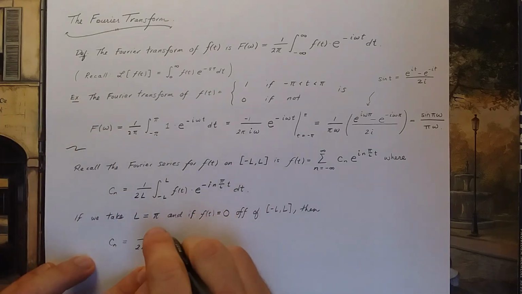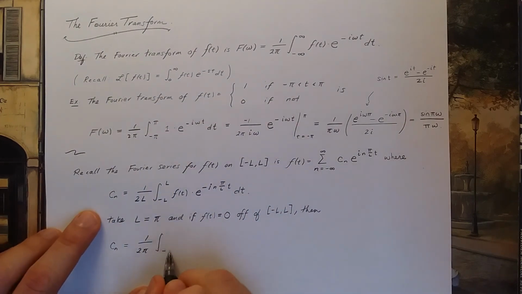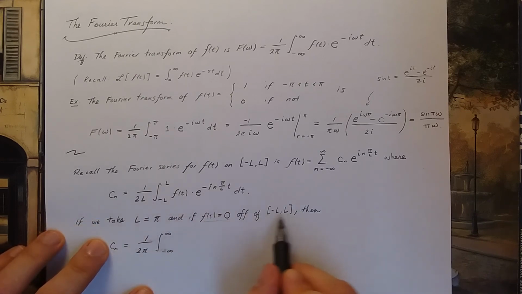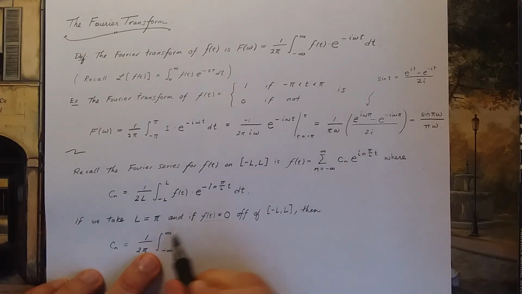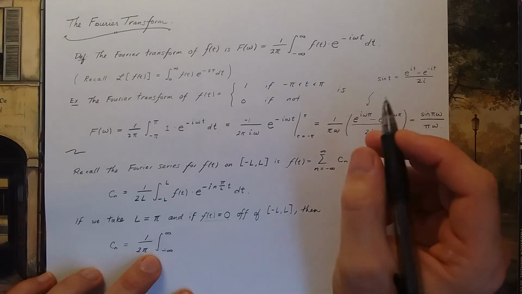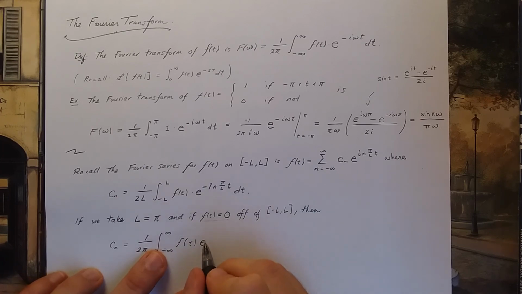I could write it as negative pi to pi, but you know what? I think I want to write it as negative infinity to infinity, because we're assuming that our function is 0 if you're not on the interval from negative pi to pi. So this could be negative pi to pi like our previous example, or I could just write negative infinity to infinity to make it match more exactly what the Fourier transform is, times the function f of t times e to the negative i n t.